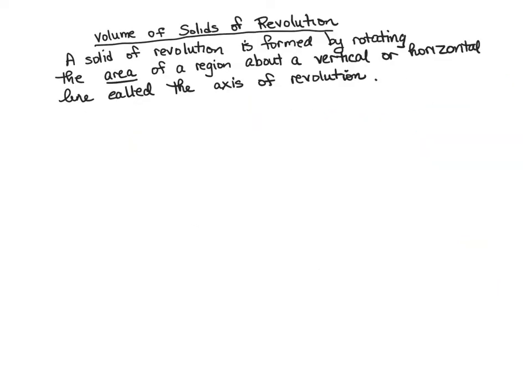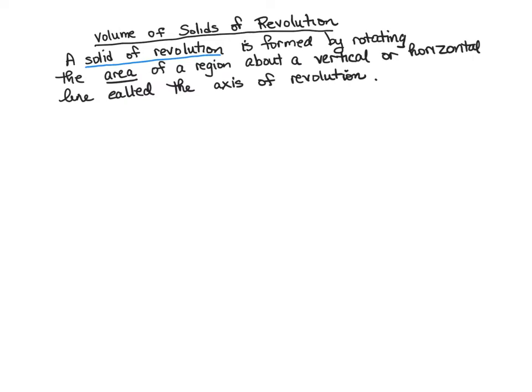So first we'll define a solid of revolution. A solid of revolution is formed by rotating the area of a region about a vertical or horizontal line, and this vertical or horizontal line is called the axis of revolution.